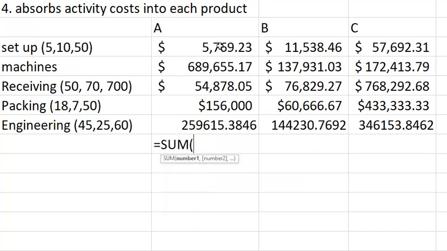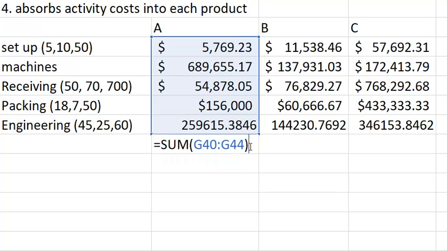So we need to total this. Something wrong with my mouse. I just wanted to highlight anyway.